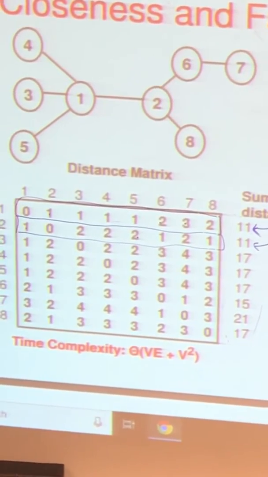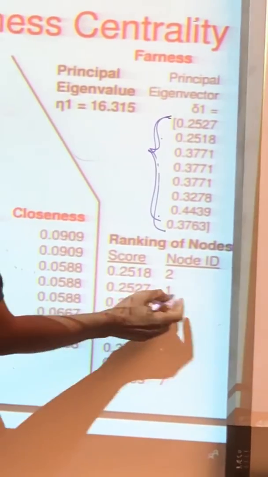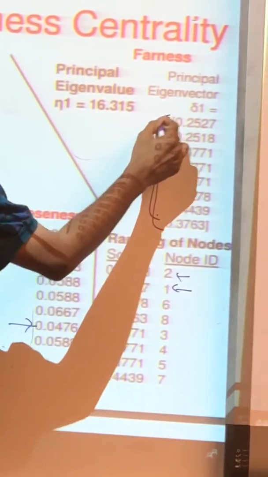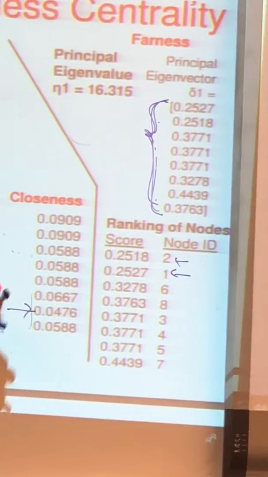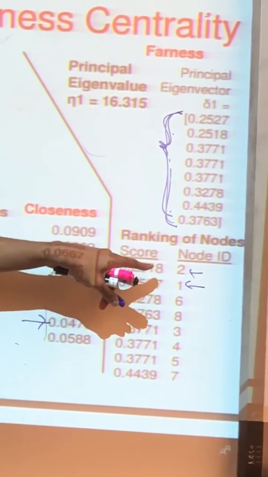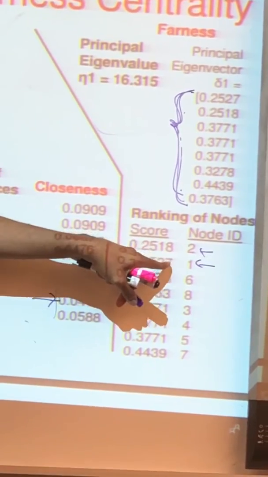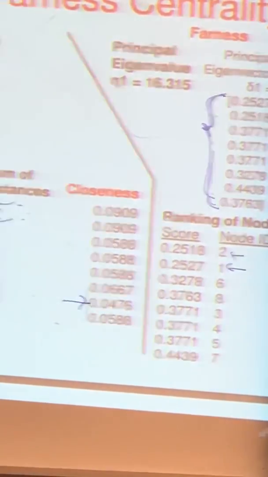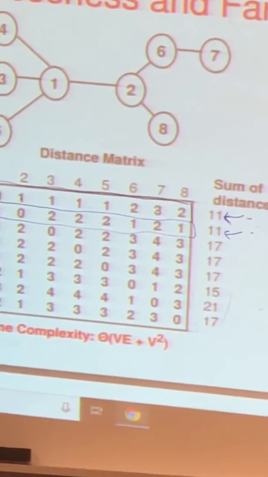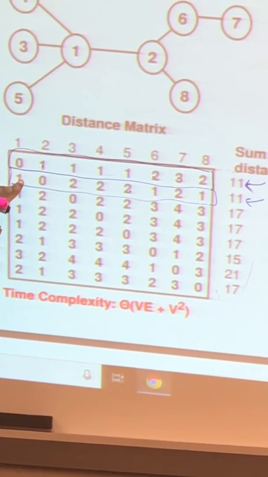For vertices 1 and 2, even though the sum is the same, the entry in this principal eigenvector is different. Vertex 2 has 0.2518 at 4 decimals precision, and vertex 1 has 0.2527. That small difference is because of this variation. Vertex 1 has more variation in its distance vector compared to vertex 2.